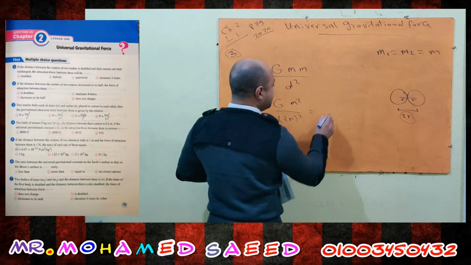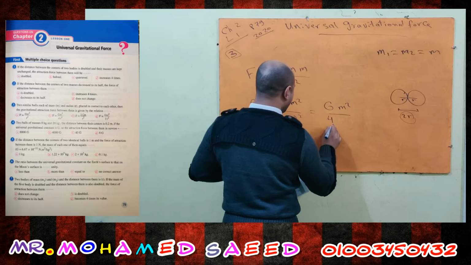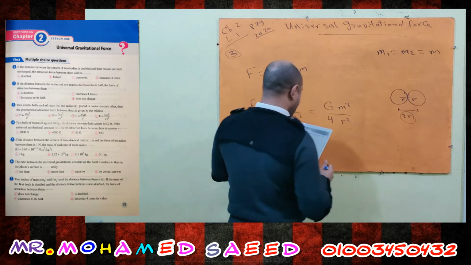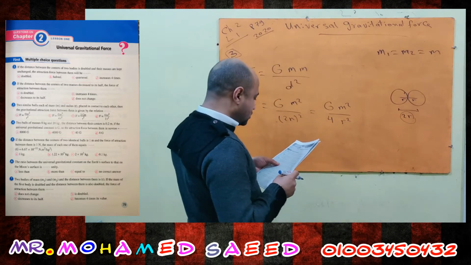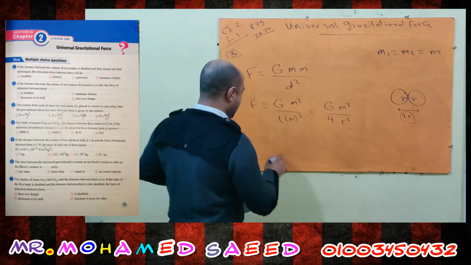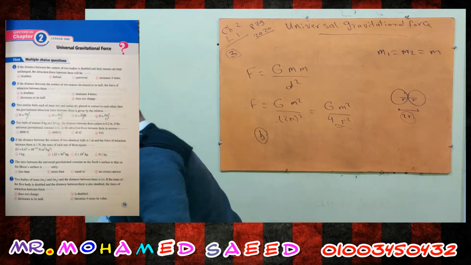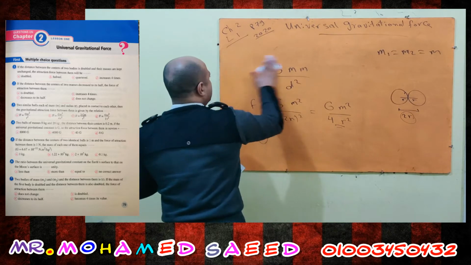So G capital M square over 4R square. So the true answer is B.